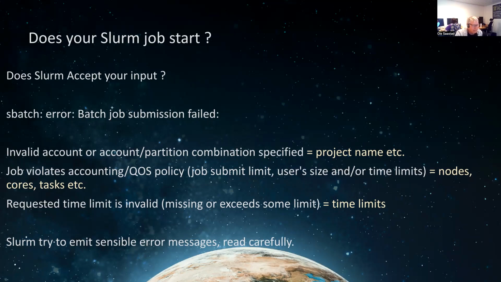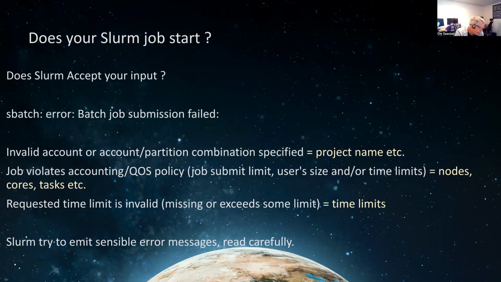Then there is also a problem with user size and time limits and so on. If you ask for too small jobs or too large jobs or too many tasks or whatever, then you also get that it violates accounting. Also, if you are asking for too much time, which comes to the next one: requested time limit is invalid.